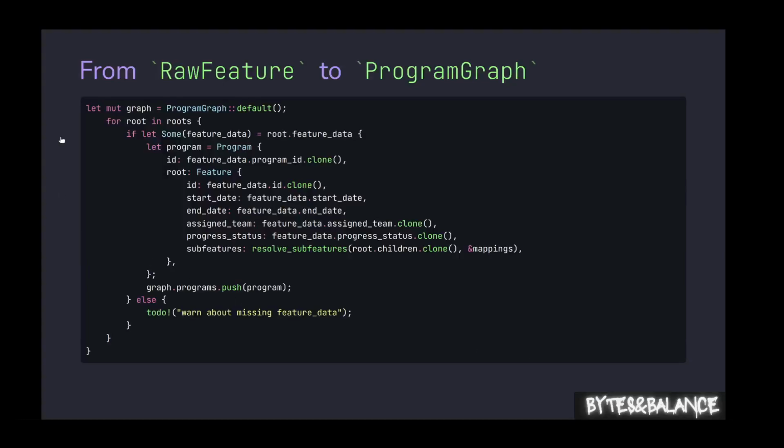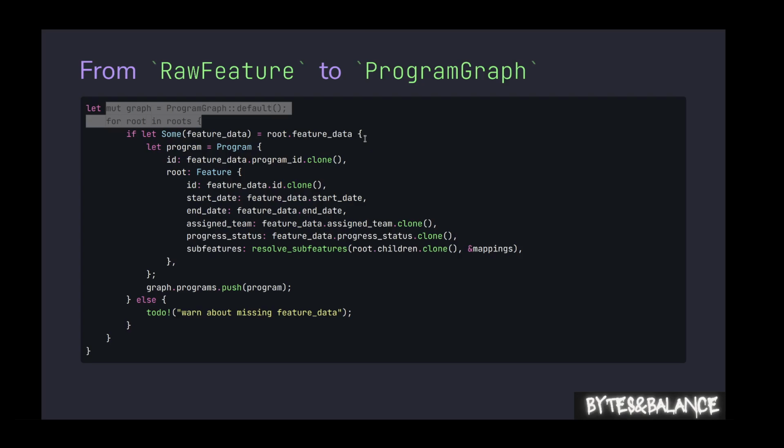So here we create a program graph with this line. This is the initialization. And then what we do is we process each root feature to build the program objects. For each root feature in the roots collection that were created before, the code checks if feature data is present.